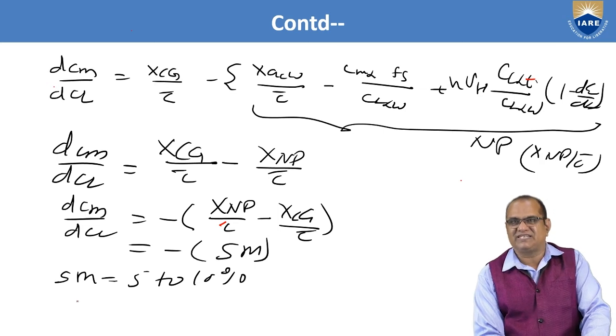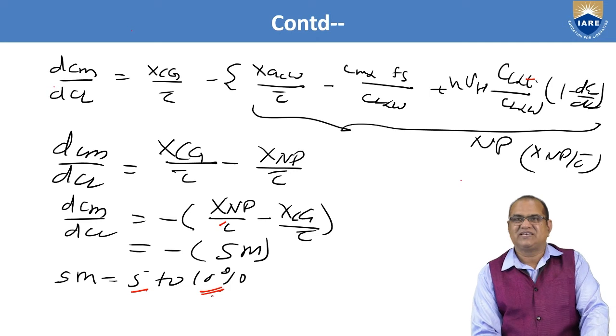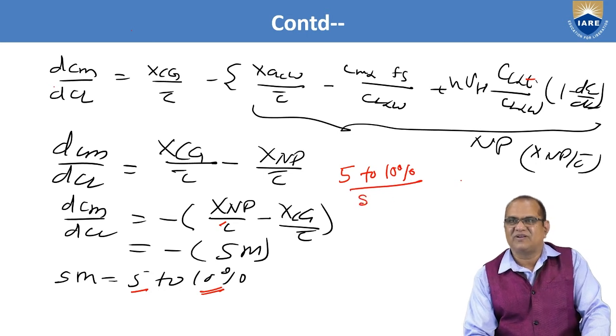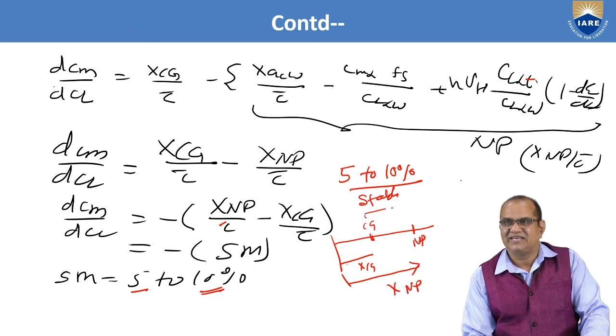So static margin we take as 5 to 10%. It means if the margin is between 5 to 10%, then the aircraft will be stable. Okay, so NP should always be behind the CG. So this is the xCG and this is the xNP, and this is called the static margin SM.